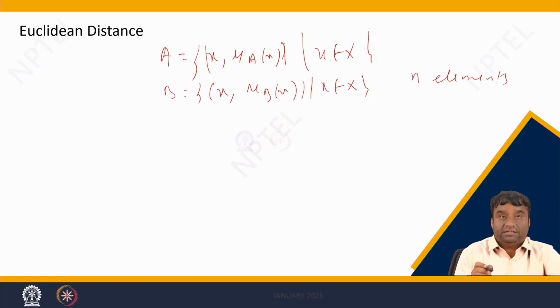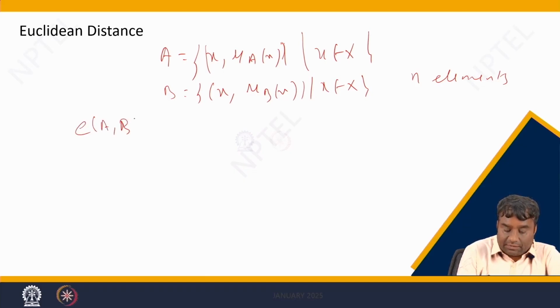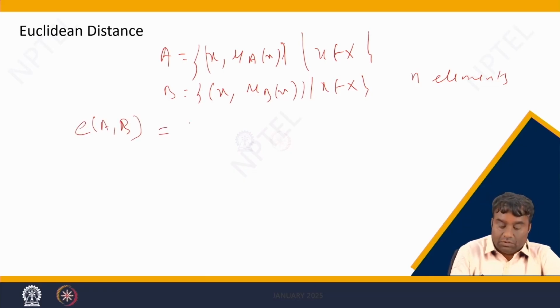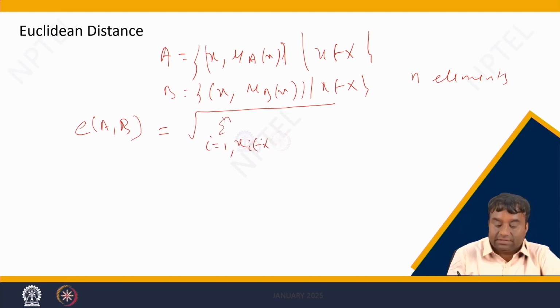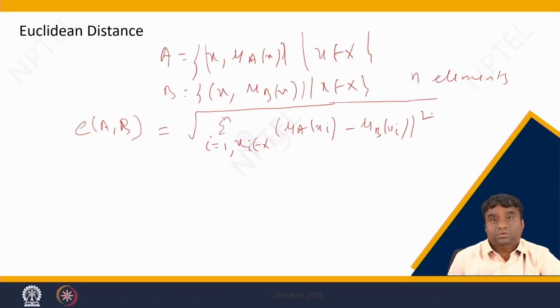The Euclidean distance between these two fuzzy sets can be written as E(A,B) equal to the square root of summation i equal to 1 to n, xi belongs to X, of mu A of xi minus mu B of xi, whole square. That is known as the Euclidean distance.